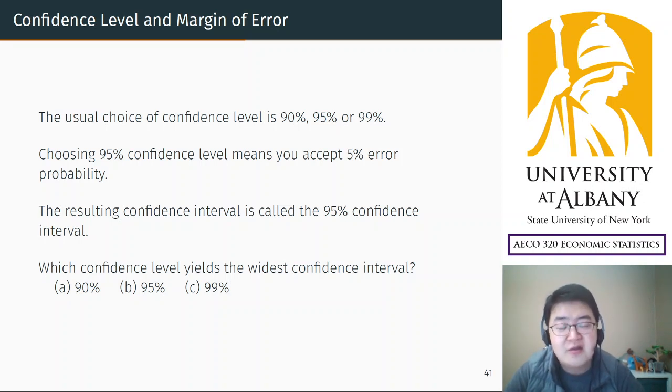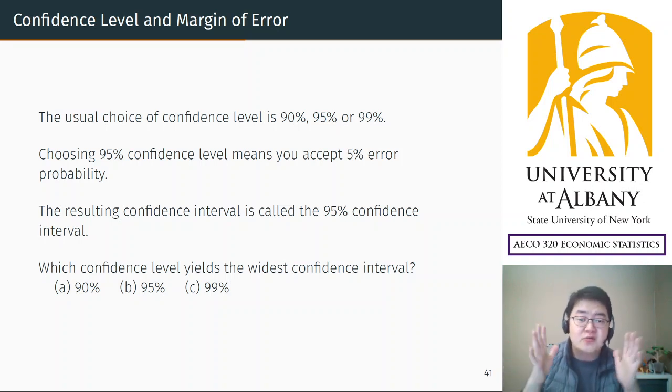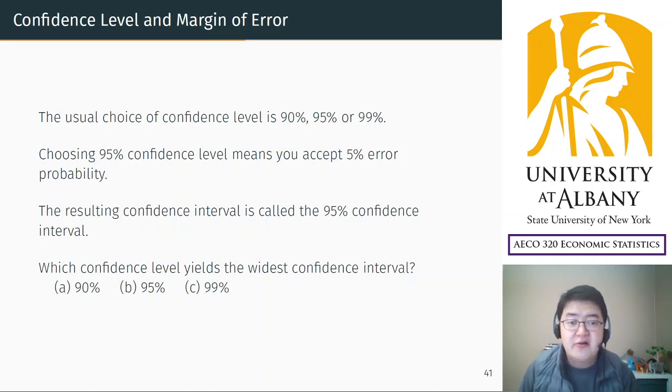You know that there may be an error with 5% probability, but you still want to make the interval more compact. If you choose a 95% confidence level, then the resulting confidence interval is called the 95% confidence interval. And 95% is kind of standard. So it is correct 19 times out of 20, or wrong once in 20 times.